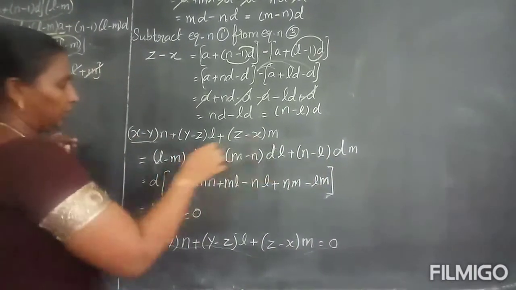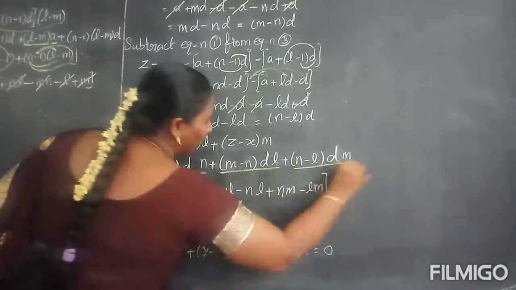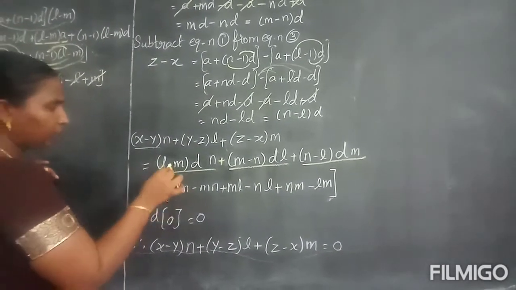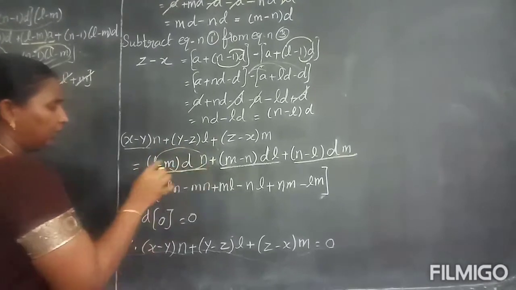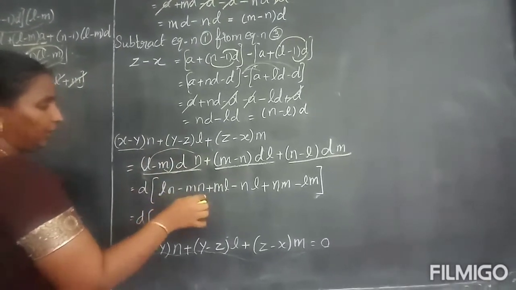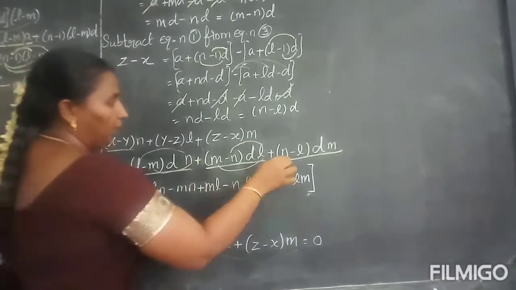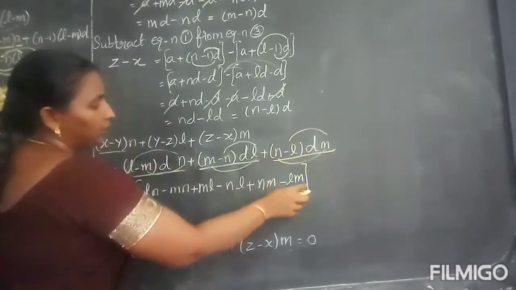Okay, so in these three terms, observe here, you can take d as common, so take out d. Here multiply with the n, that is ln minus mn plus ml minus nl plus nm minus lm.